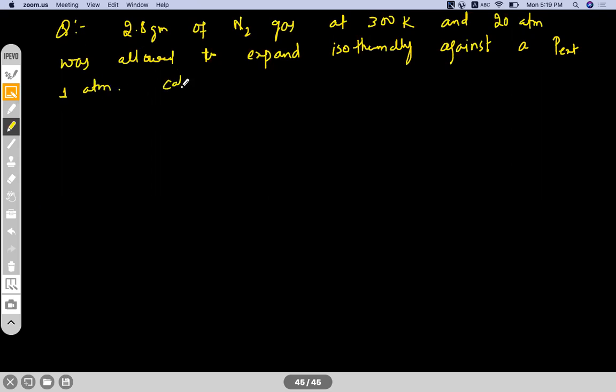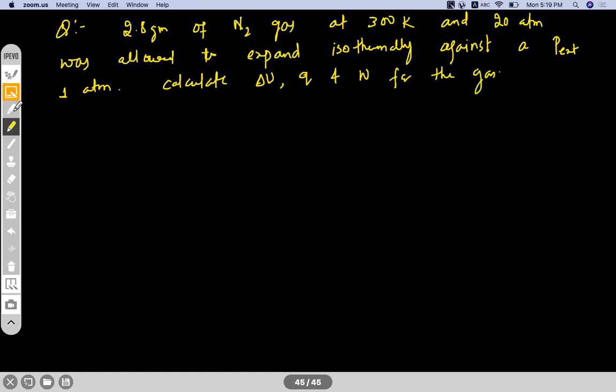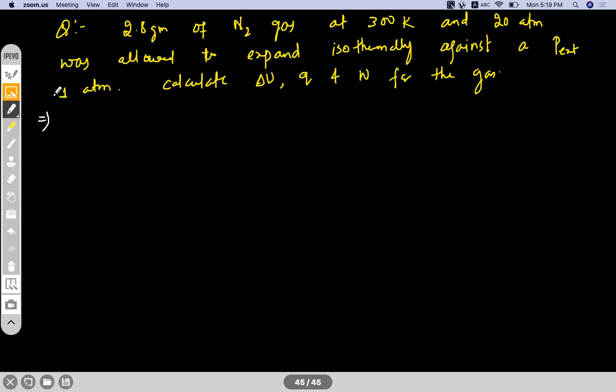Calculate delta U, Q and W for the gas. Try this one.